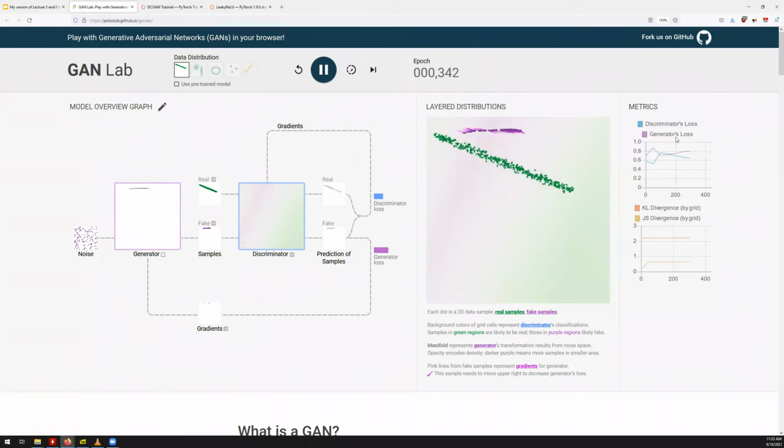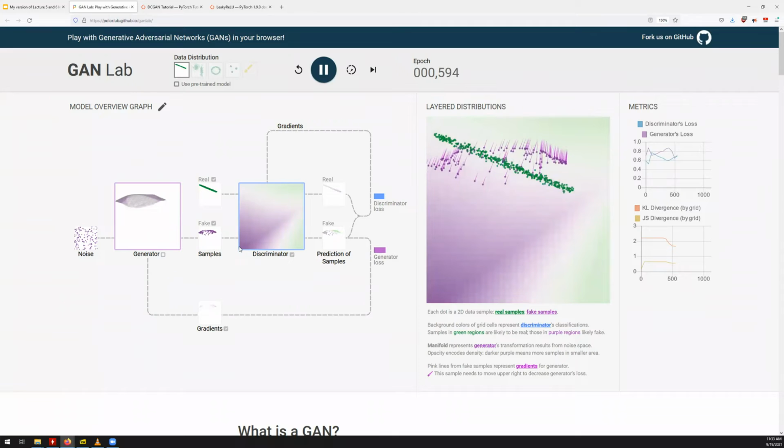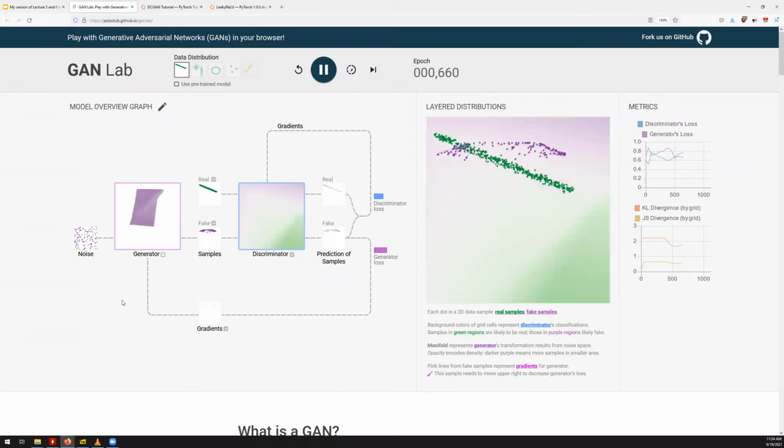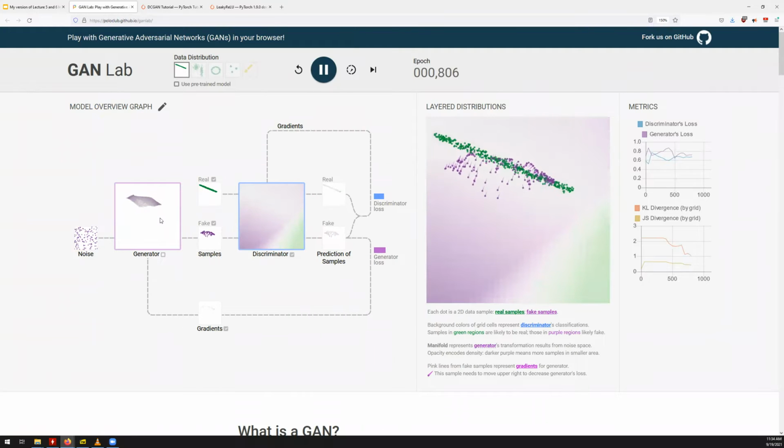So this is the discriminator loss and the generator loss here, and I think this is the latent space of the generator that it's learning, and this is the discriminator. So these samples are matching up.